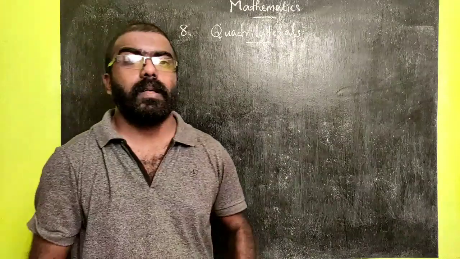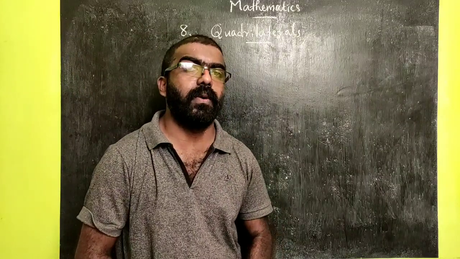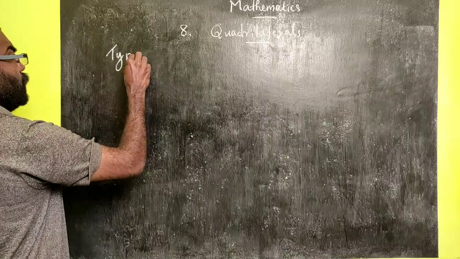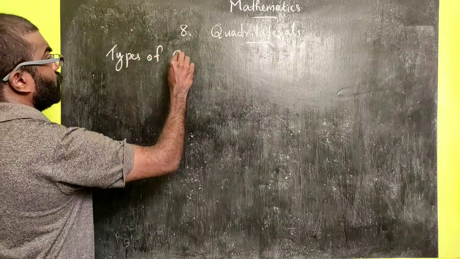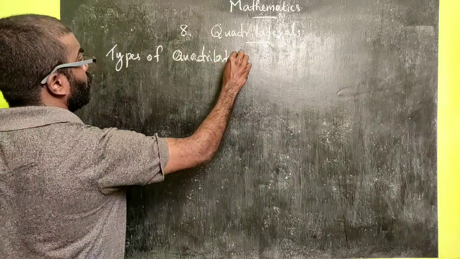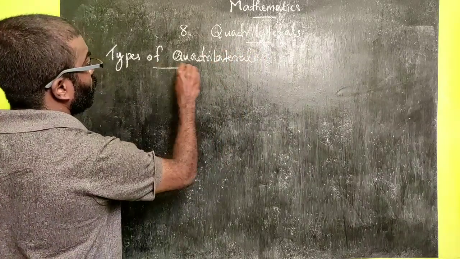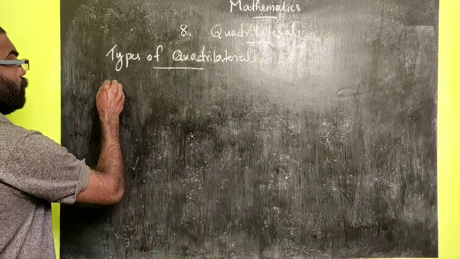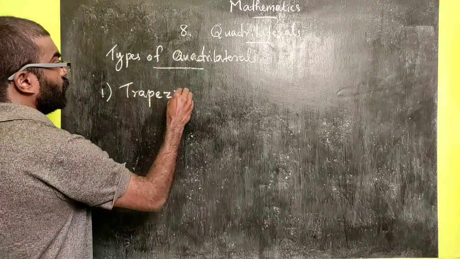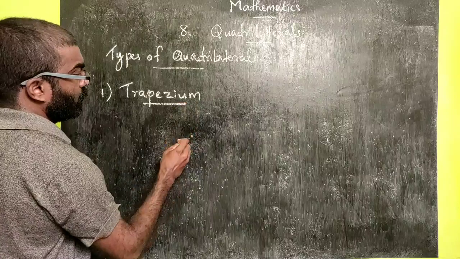Okay. Next we have to revise some types of quadrilaterals. Different types of quadrilaterals. One is trapezium. You all know trapezium.